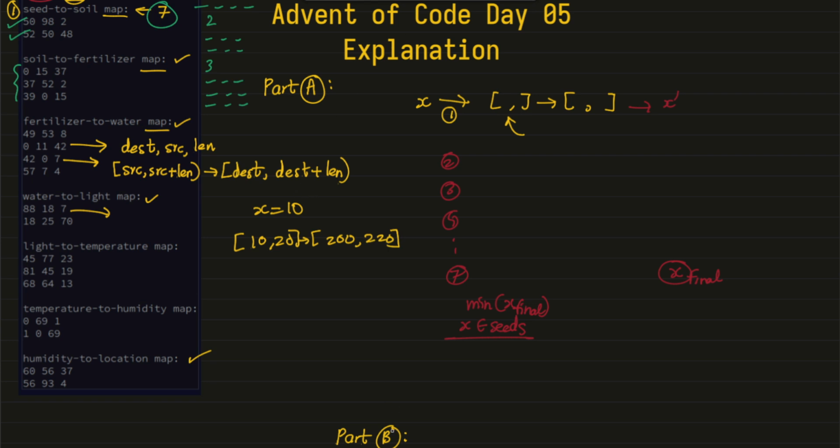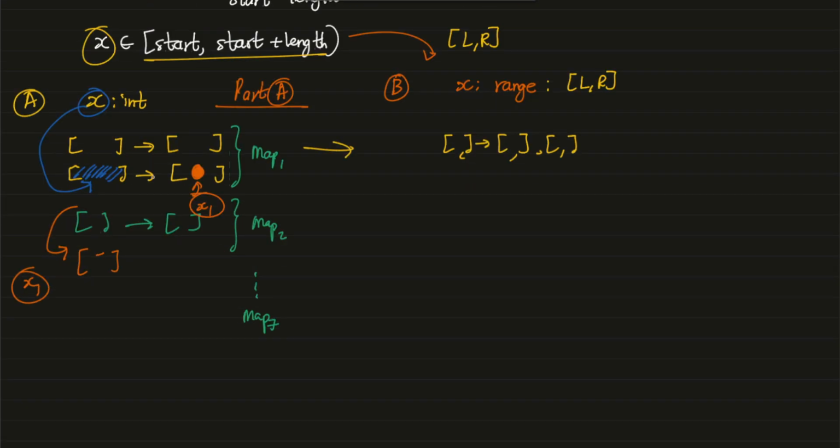Let's say x is 15 in this case, then x lies in this range, hence it is transformed to 205. So once x belongs in this range, it is transformed to the same corresponding location in this right range. So this is what a particular operation or mapping denotes.